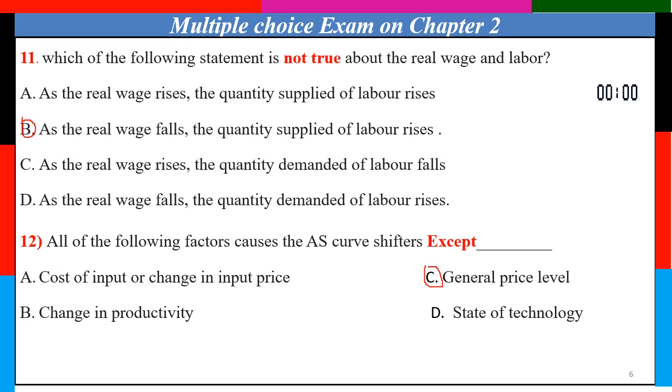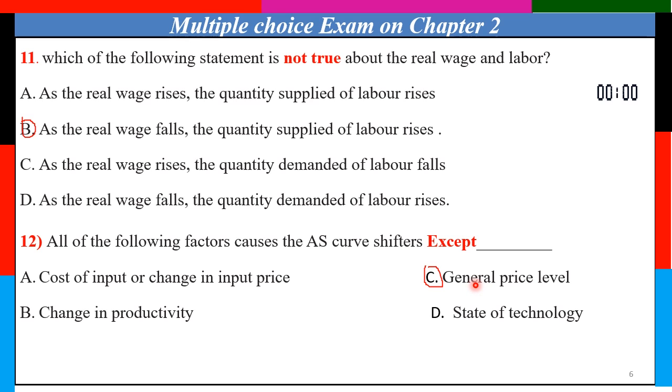Right answer is what? C. Except C, all alternative choices cause the aggregate supply curve to shift either to the right or to the left.